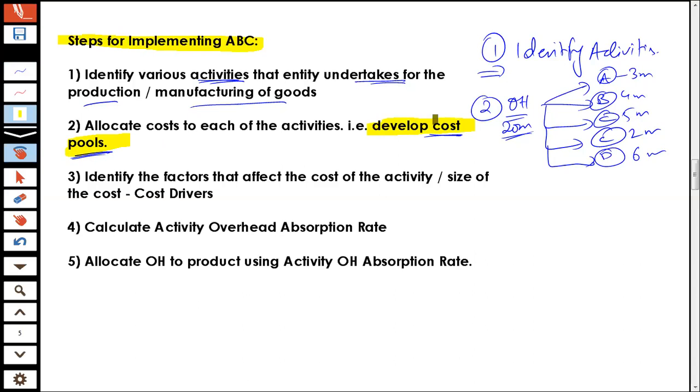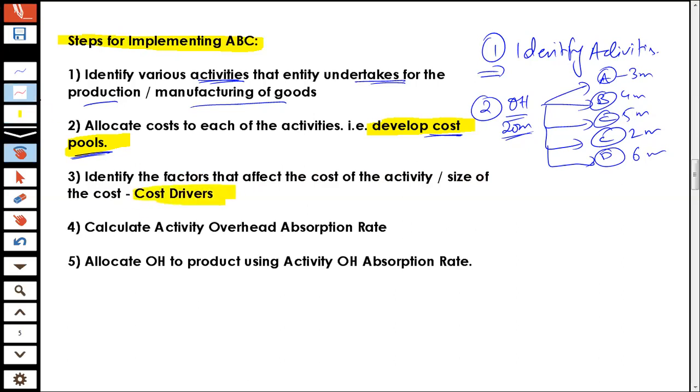Now what else is there? The next thing is to identify the factors that affect the cost of an activity or the size of the cost, that is the cost drivers.